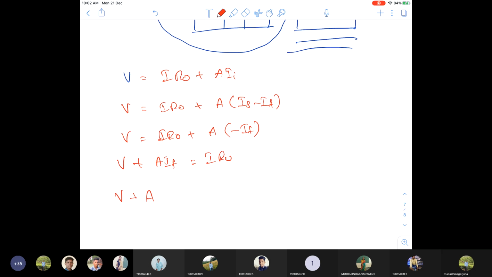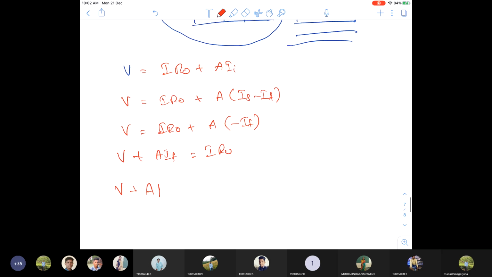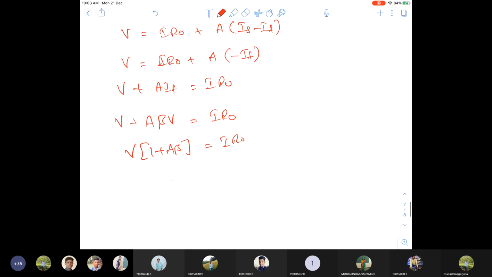V plus A into If: If is beta times the output voltage, so V plus A beta V equals I R naught. Take V as common: V times (1 plus A beta) equals I R naught. So V by I equals R naught by 1 plus A beta. So this is R naught f equals R naught by 1 plus A beta.